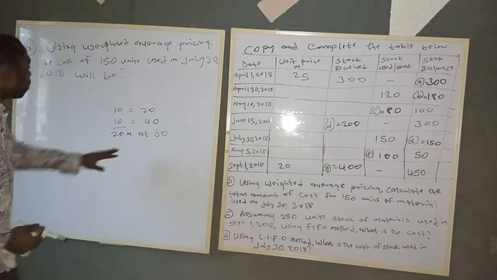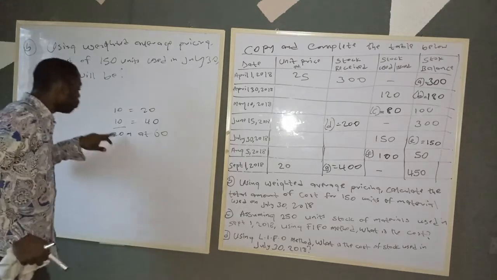So that means the cost of these 20 markers is 60 naira. Using weighted average, you now want to know how much you will be selling 1 unit of this marker.